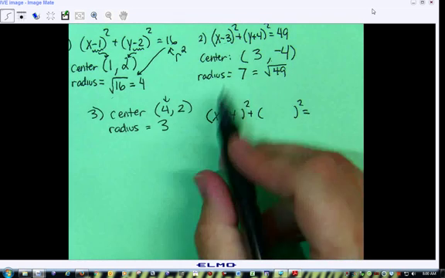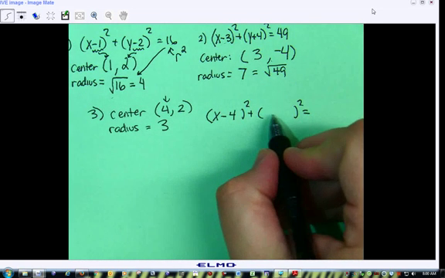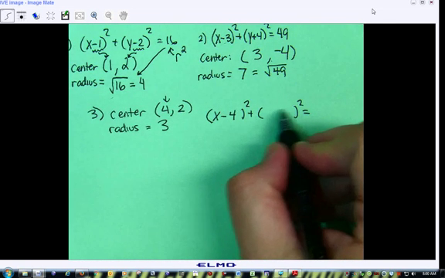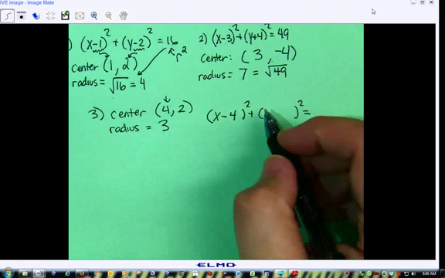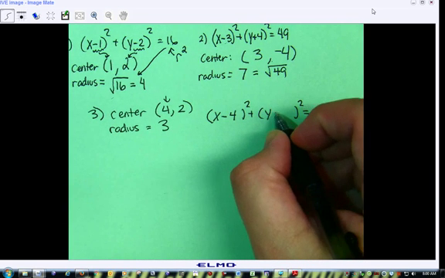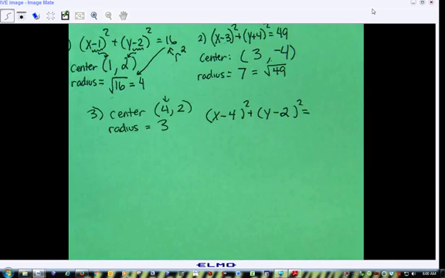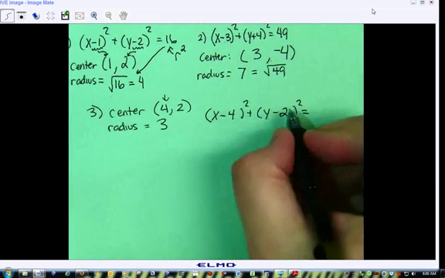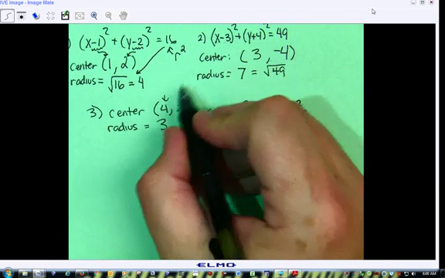On the count of 3, the second blank, the second parentheses. 1, 2, 3. Y minus 2, because the second one's going to be a y just like it is up here. We're going to use that guy right here.